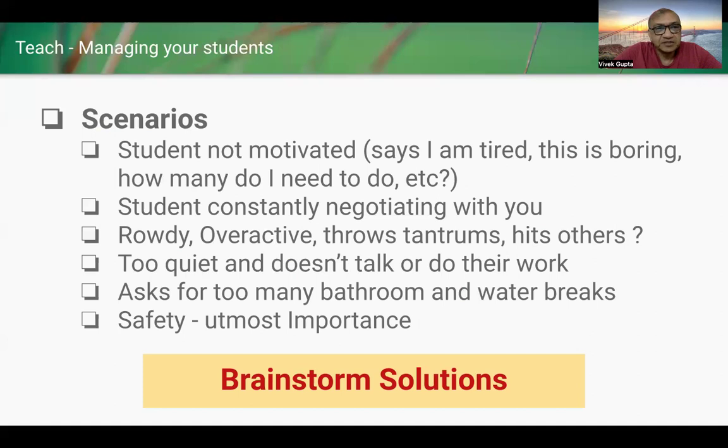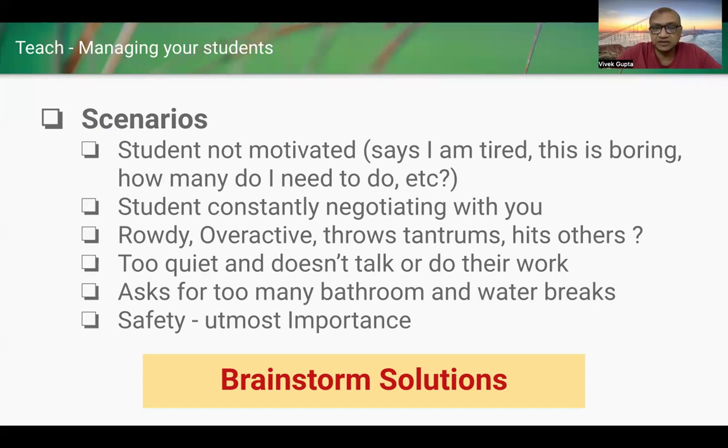And the other piece is safety. This is something where we say there is no compromise about safety. If there is something that you see that is not safe, for example, the student is leaning back on the chair and the chair might topple over, that's a very unsafe behavior. And you want to stop it right there.